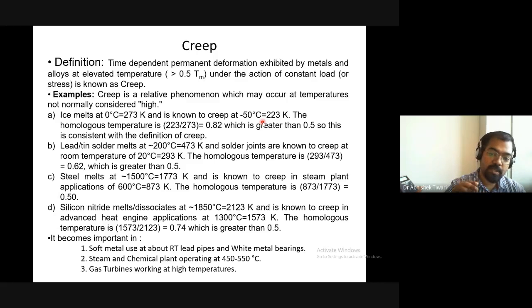Let's say the lower layer of snow in Greenland or Iceland or in the polar areas, the lower layer of the glacier has more pressure from the layers which are hanging on it, right? So there is a stress applied on it, and that stress is coming because of the weight of the layers above this lower layer of glacier.